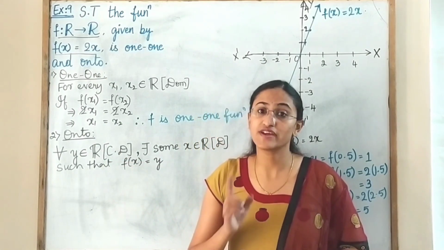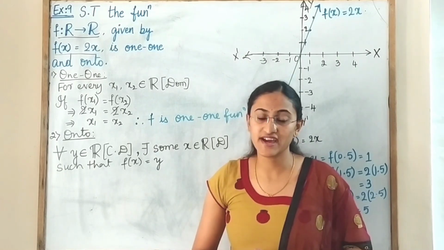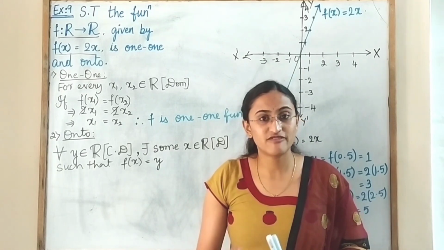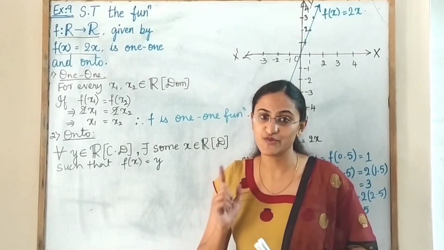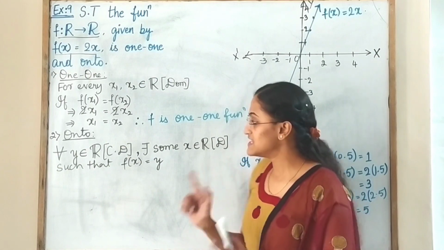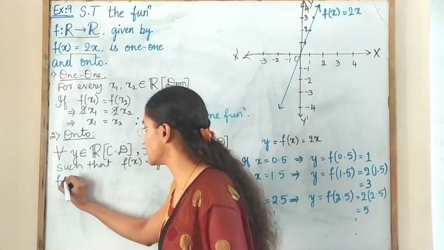If we have to prove yes it is onto, you have to prove it in a generalized way, but if you are telling the function is not onto, you have to give a counter example that we had given in the last problem. Now to prove it is onto, we should start in a generalized way.